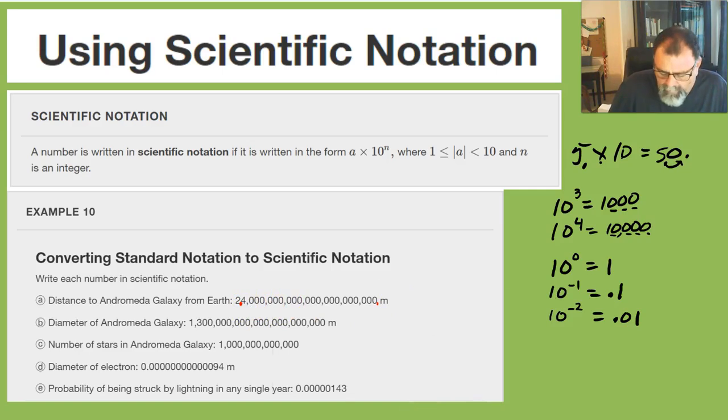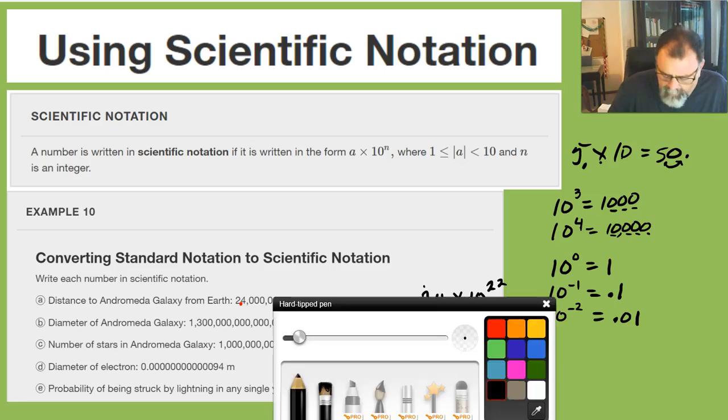So this will be equal to 2.4, and all these zeros can be dropped off, times 10 to the 22.